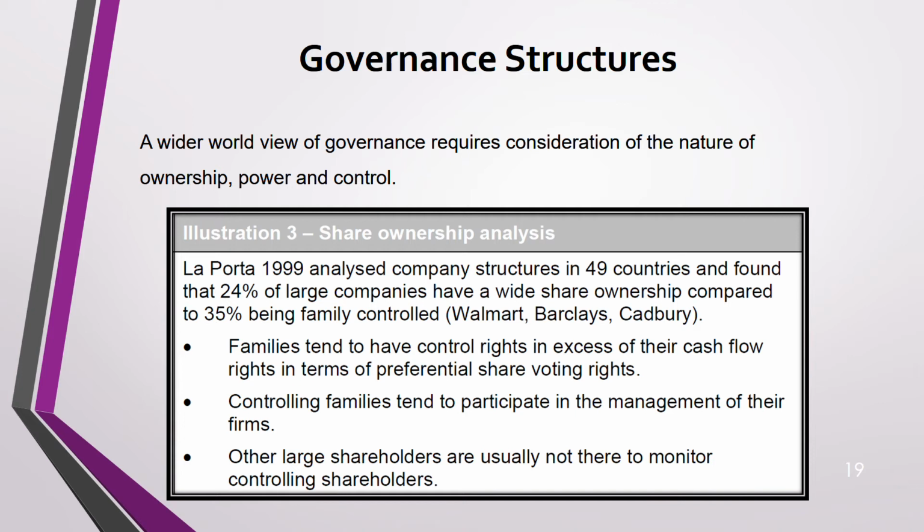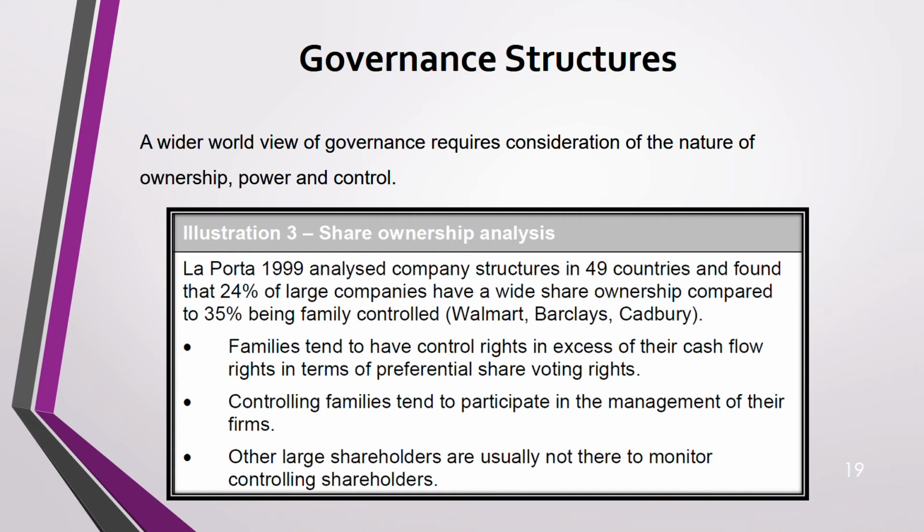So in these, what happens? The family is the one who is controlling. Second, they are participating in the management of the company. And third, other large shareholders are not there to monitor the controlling shareholders. Controlling shareholders means the family who is controlling.